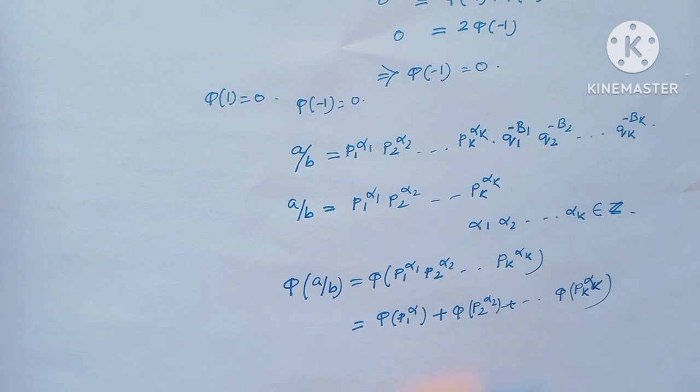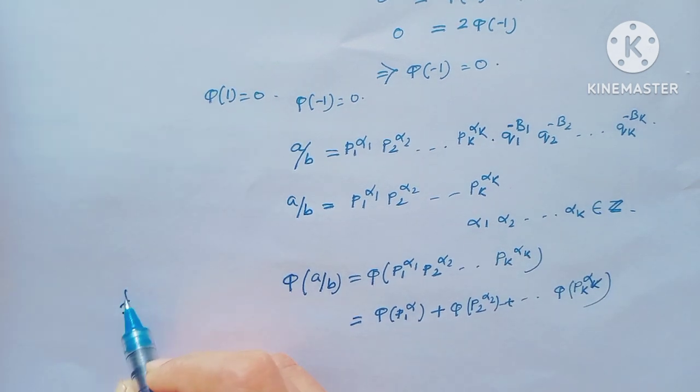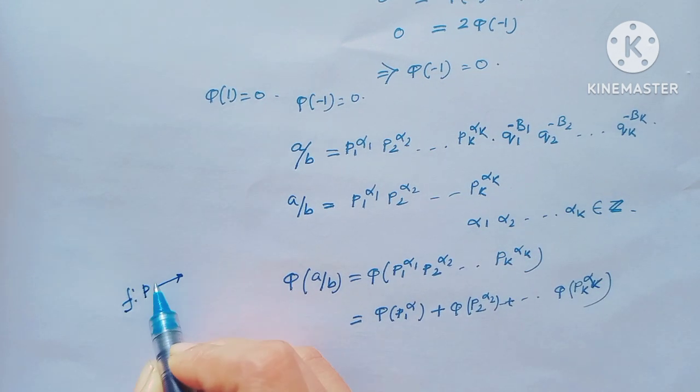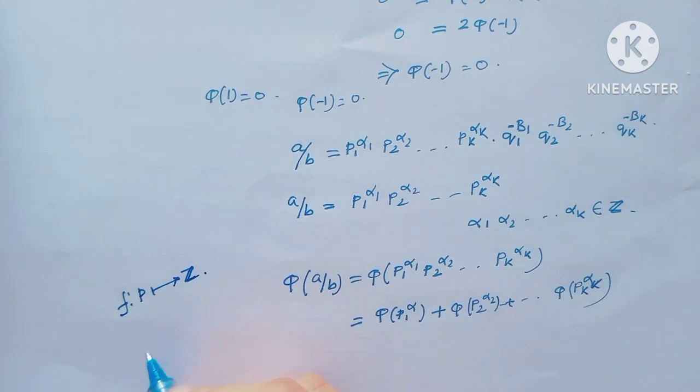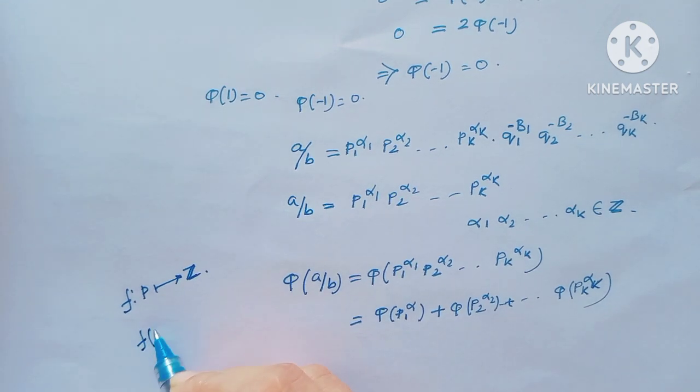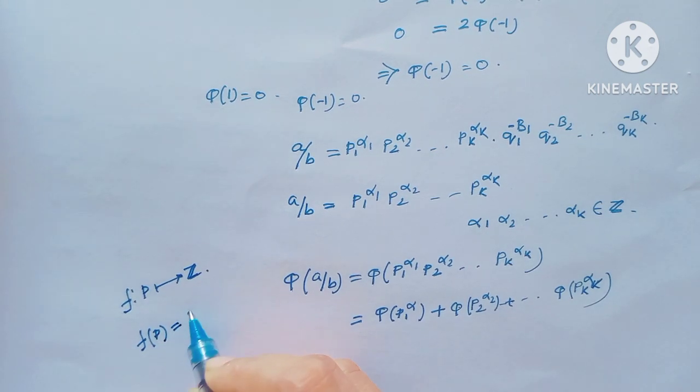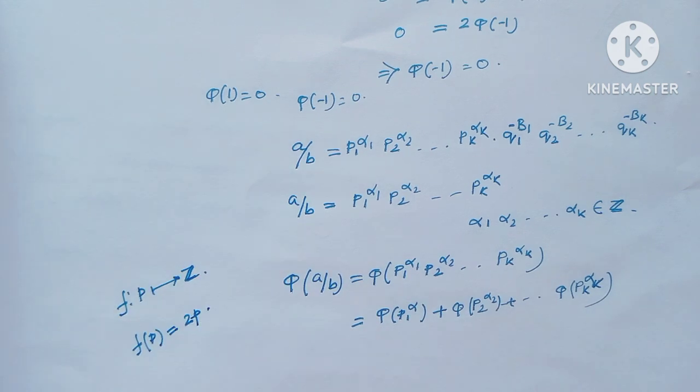Now my question: if there exists a function phi from P to Z, how does the function look? The function would be f of P equal to 2P. We can construct the function such as f of P equal to 2P.